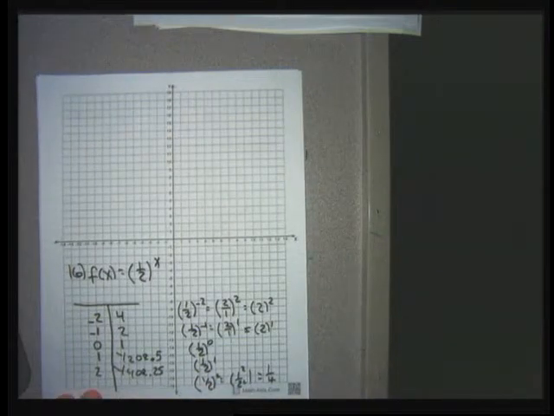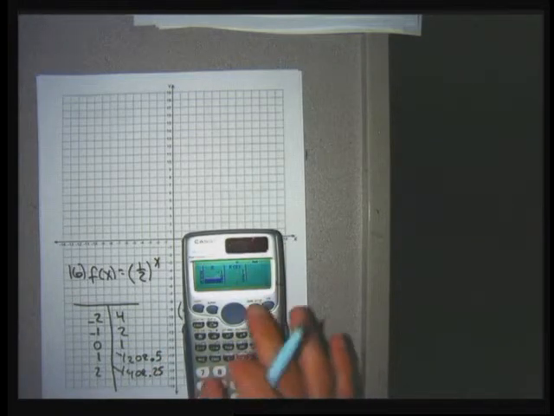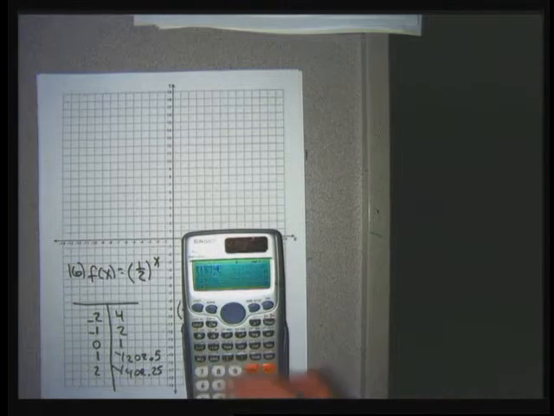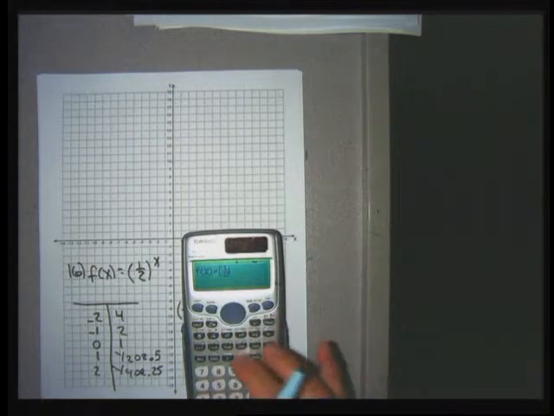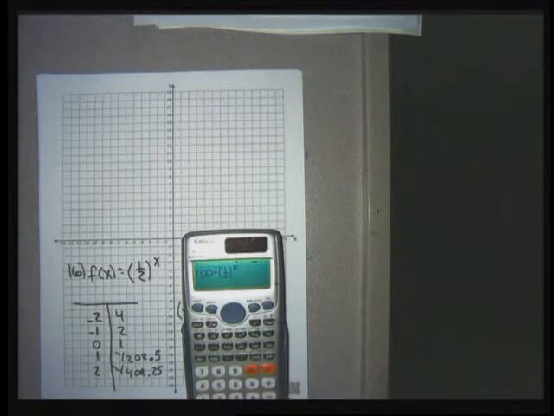Let me, before I plot them, get all the values on my calculator just so you can do that, and I'm completely content with you doing that. So mode, table, parentheses, fraction, 1 over 2, parentheses, exponent, alpha x, good enough for the function. Start at negative 2, end at 2, step 1.